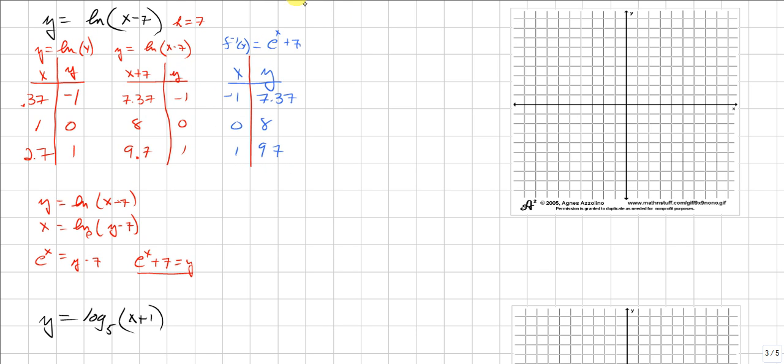Okay, let's plot the parent, the logarithm graph that they gave us. So I have 7.37, negative 1; 8, 0; and then 9.71.